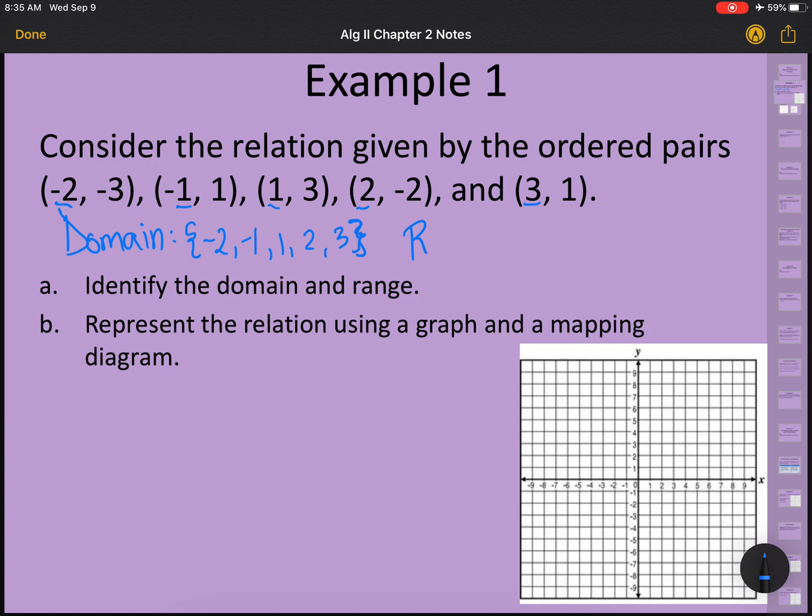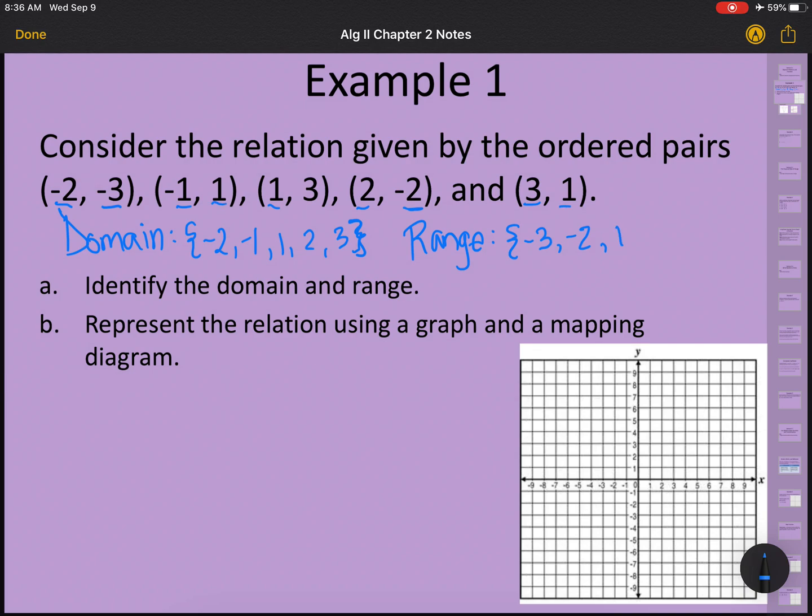Now if we want the range, we said, well, that was out of our y values. So the y values are still going from least to greatest in our curly brackets. The least y value I see is -3, and then -2. But then I get to the point where I see 2 1s.